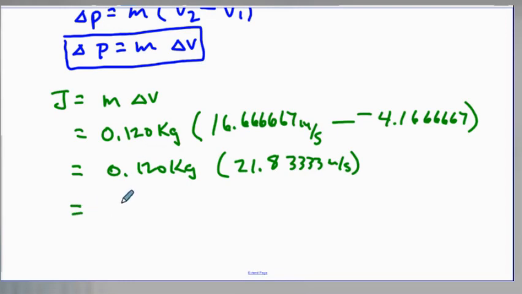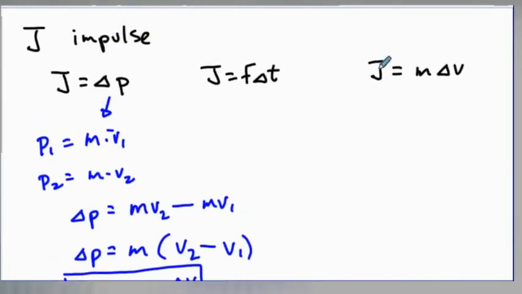And when you multiply that out, you're going to see that I've got an impulse of 2.5 kilograms meters per second. So it does indeed work out. Okay, so we can use this m delta v. Just be really, really cautious on the signs of the velocity. One of them will be positive, one of them will be negative if it switches direction.